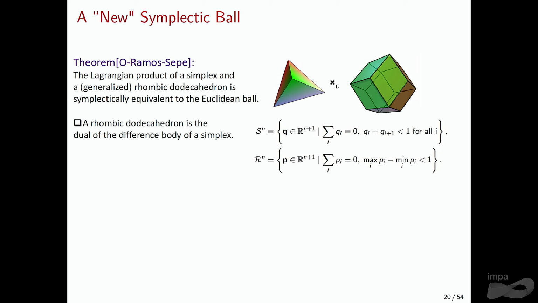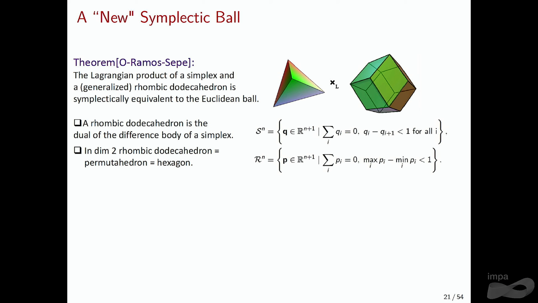This is the rhombic dodecahedron. The second remark is that in dimension 2, the rhombic dodecahedron is the same as the permutahedron, which is just the hexagon. So there is this coincidence that in dimension 2 these are the same objects. But in higher dimensions, of course, they are very different.